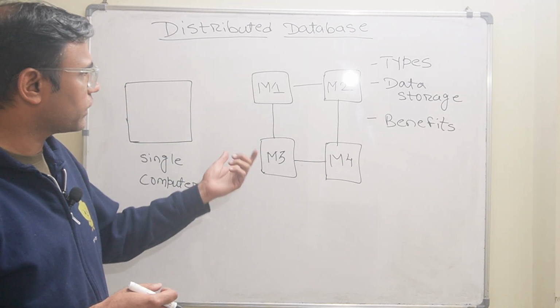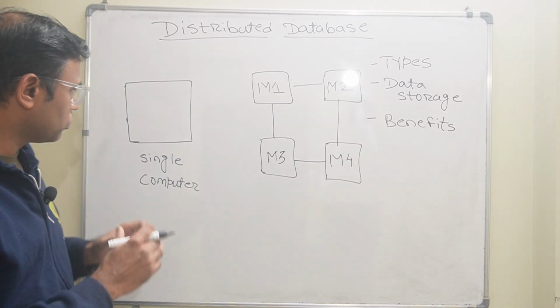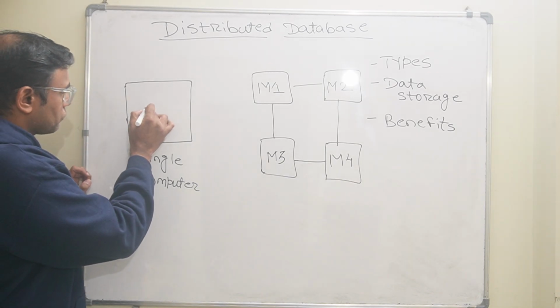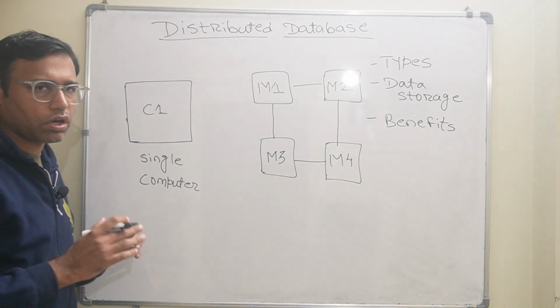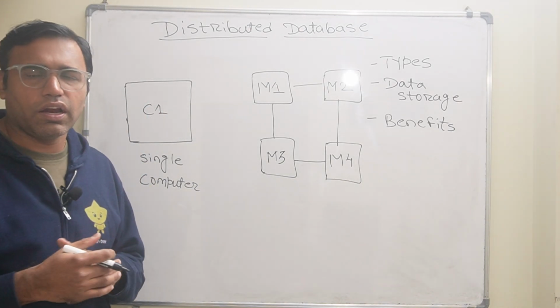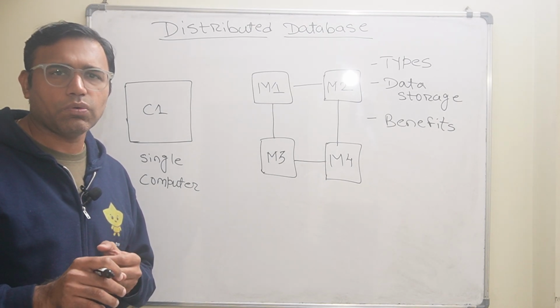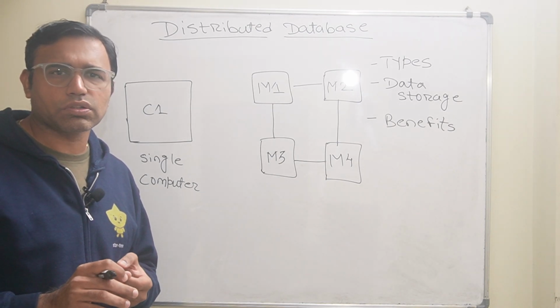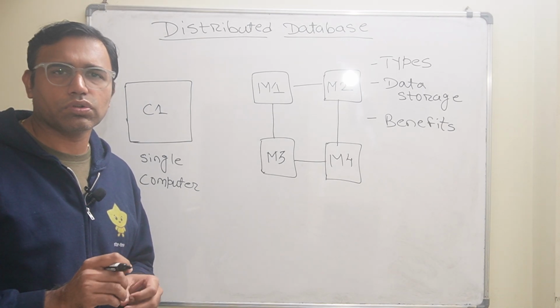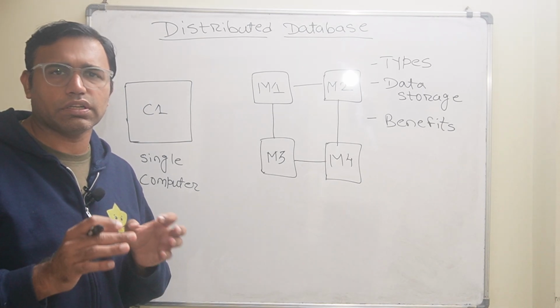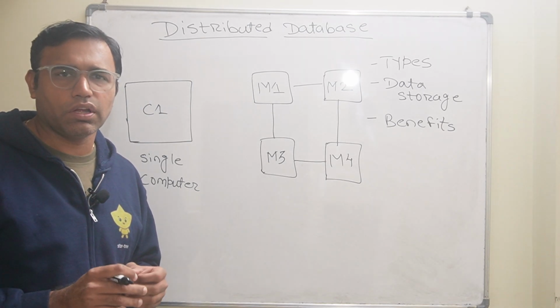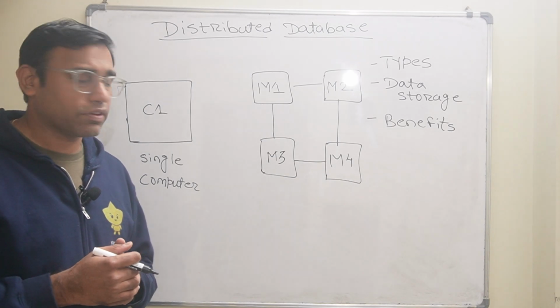So before starting the actual topic, assume that there is computer one, or you have data and you have stored the data into the single computer. Now when your organization grows, the data also grows, so it is not possible to accommodate all the data in the single computer. So what will you do in that case?